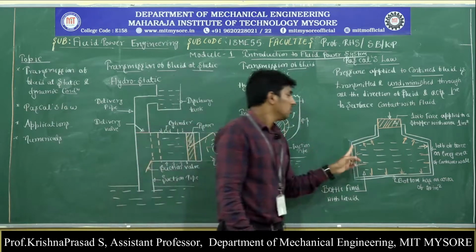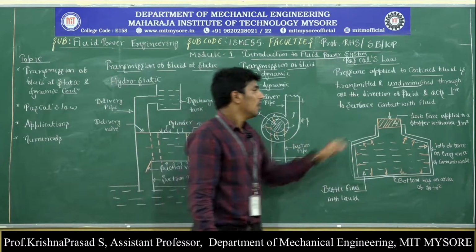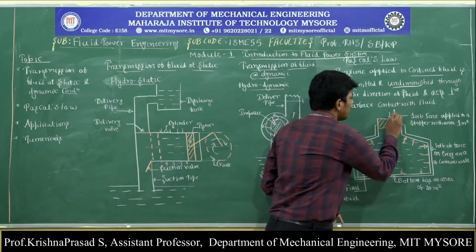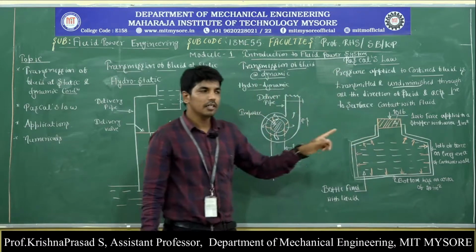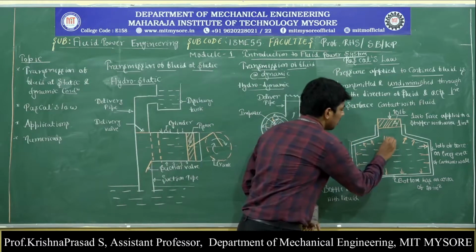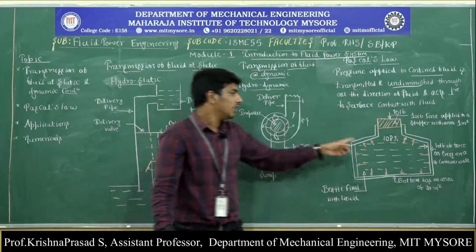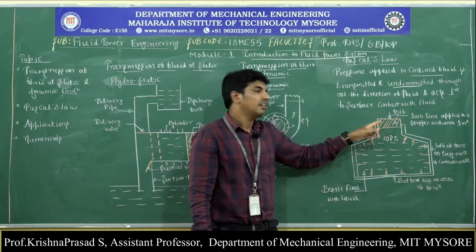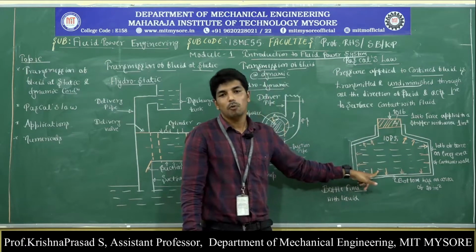This bottle is completely filled with water. Whenever 10 pounds of force is applied through the stopper, 10 psi pressure is going to develop. This 10 psi pressure is transmitted undiminished and enters into the bottom of the bottle.